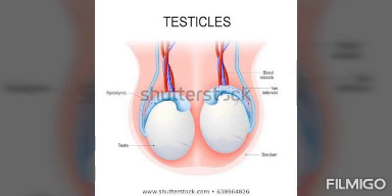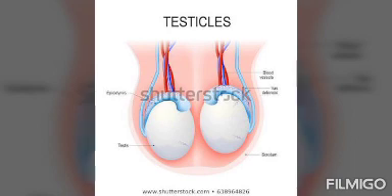The stratified epithelium of the seminiferous tubule is made up of two types of cells. That is Sertoli cells or nurse cells, which are responsible for the nourishment of the sperms till maturation. The Sertoli cells also produce a hormone called inhibin, which is involved in the negative feedback control of sperm production.